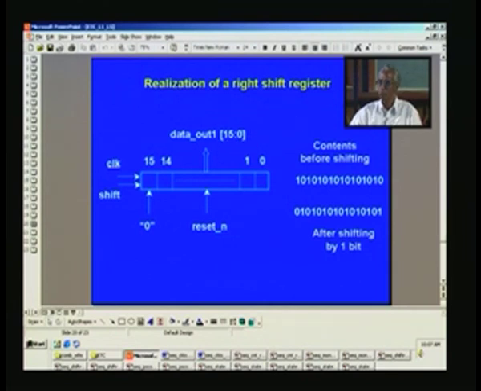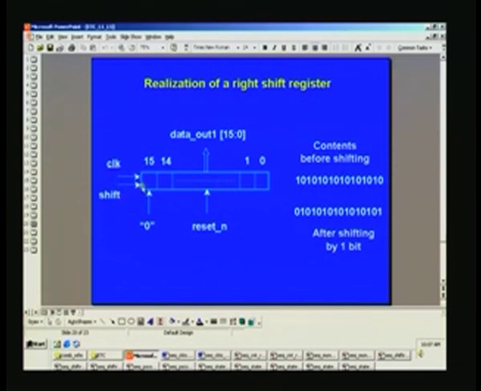One was with the two less than symbols, the other was to simply concatenate, right. There is a clock input and a shift here, vacated bits are filled by 0, and there is also a power on reset here. We start with the contents 1010 and then right shift by 1 bit, because this is a right shift by 1 bit. So you should get this. So let us look at the waveform.